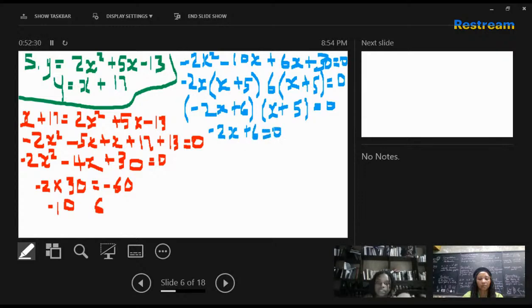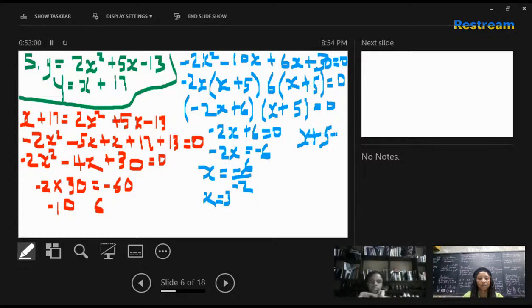We subtract 6 from both sides, so negative 2x equals negative 6, and negative 6 divided by negative 2 is a positive 3. For the second x value, x plus 5 equals 0. We subtract 5 from both sides, and x would be negative 5.